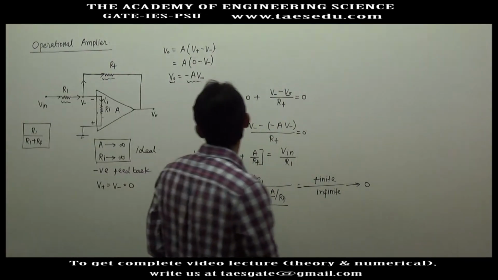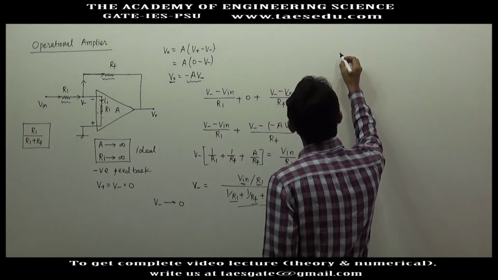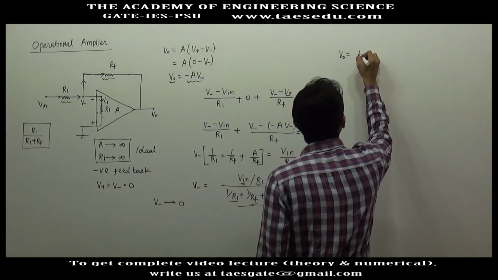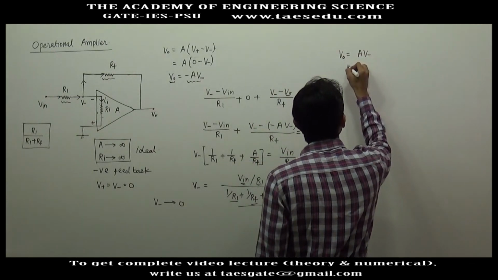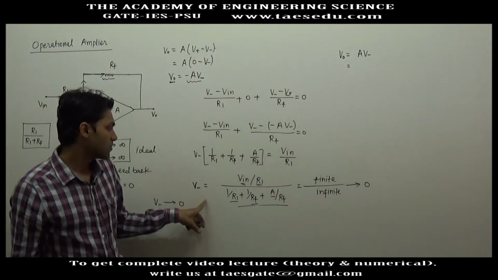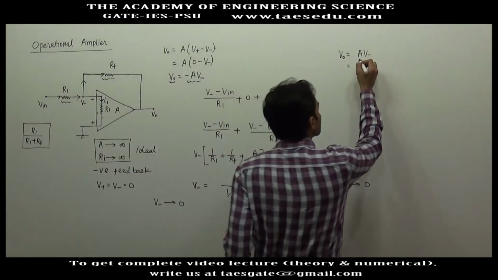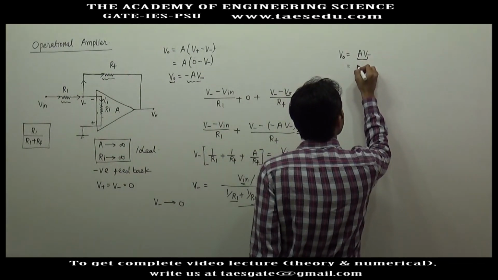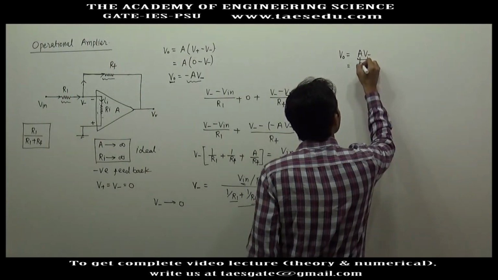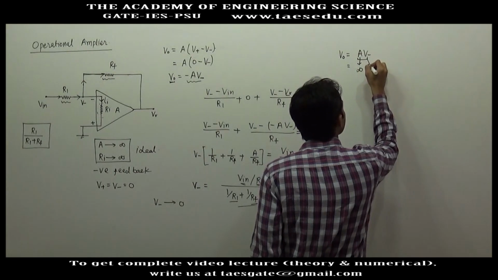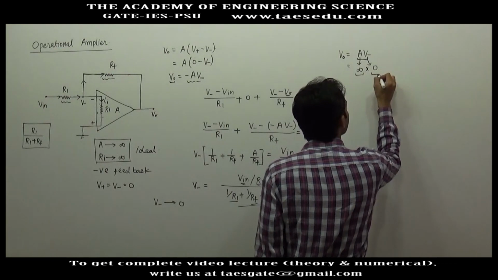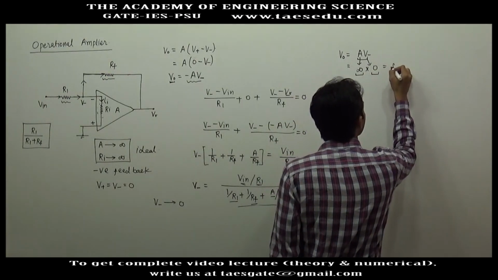Now if we want to calculate the output voltage, it is A into V minus. What I have said is V minus is not absolutely 0, V minus is tending to 0. Now if you see this expression, A tends to infinity and V minus tends to 0. So a quantity tending to infinity into a quantity which tends to 0, you will get a finite quantity here.